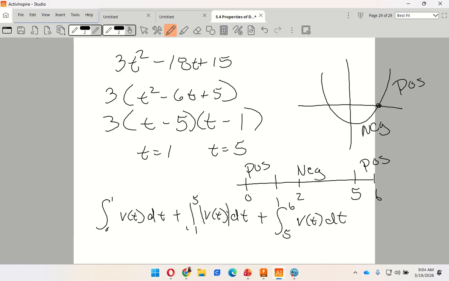Now, I wrote it just as v of t, so I don't have to do all the work over again. I don't have to redo everything. Did I already do the integration? No. I already did the integration. So, doing the integration, I'm going to rewrite this.